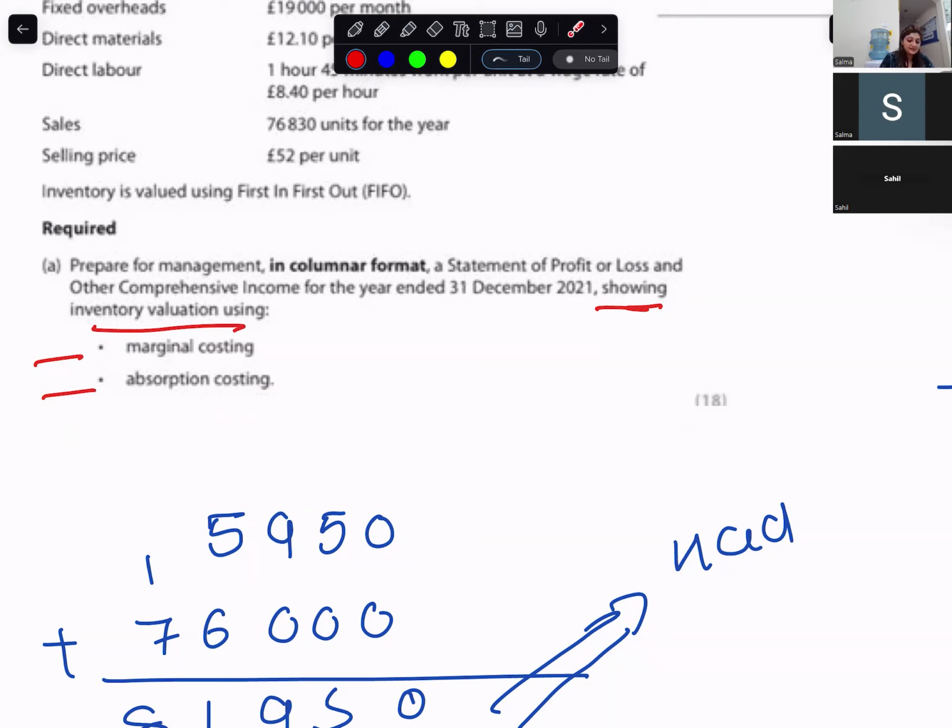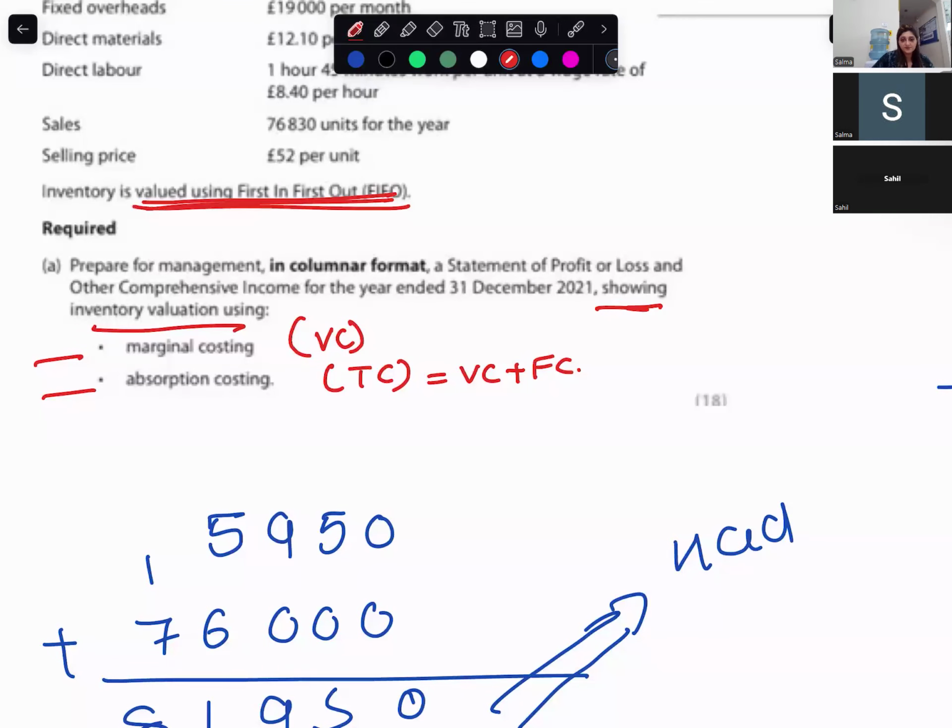In marginal costing, inventory will be valued using what cost? Variable cost. And in absorption costing, inventory will be valued using what cost? Total cost, that means variable cost plus the fixed cost. Also, they have told us that inventory is valued using FIFO, first in first out.